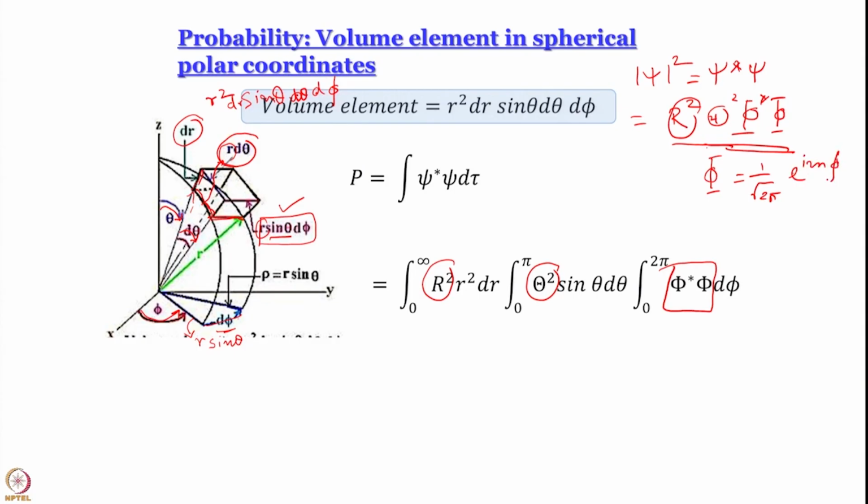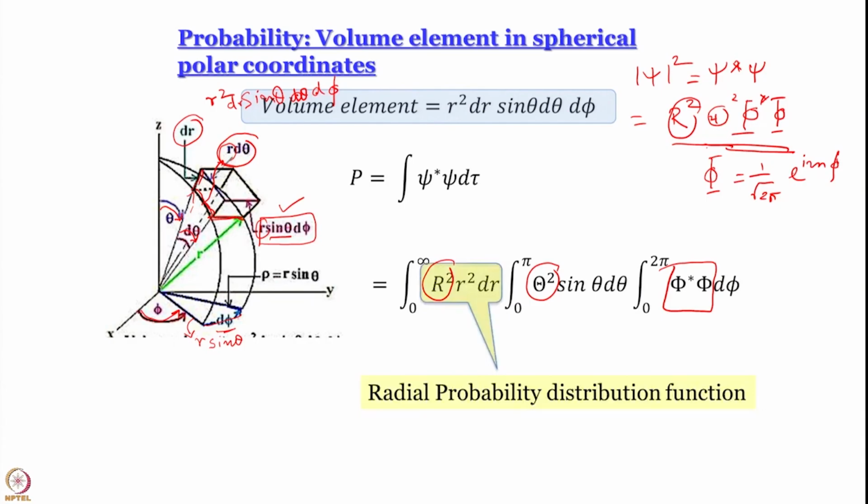So, you can figure out what capital phi star is going to be. Now, let us simplify this a little bit. This capital R square into dr is called the radial probability distribution function. I will come back to this dr quantity a little later. We will see why we should consider that also.